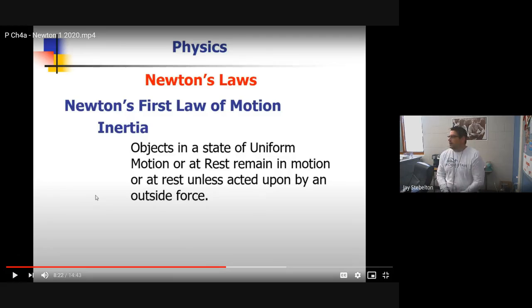With the inertia, that first law, a simple way to describe inertia is the object continues to do what it's already doing. So if it's just sitting there, it will continue to sit there unless acted upon by another force. If it's already in motion, it will continue in motion until something else either speeds it up or slows it down, usually friction.